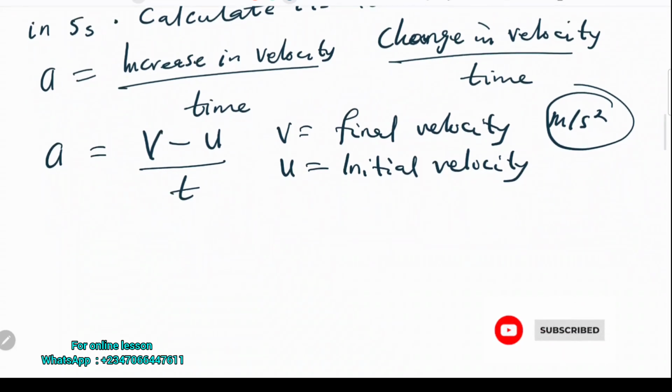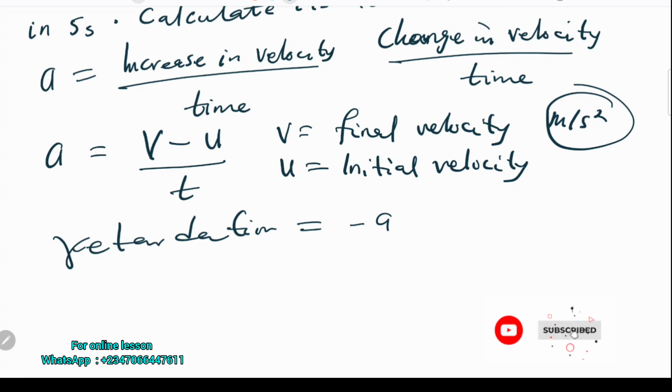Now, if the body decreases its velocity, it brings about negative acceleration, and that is called retardation. So retardation will give us a negative acceleration. What does that mean?